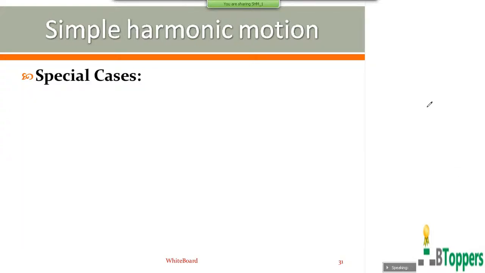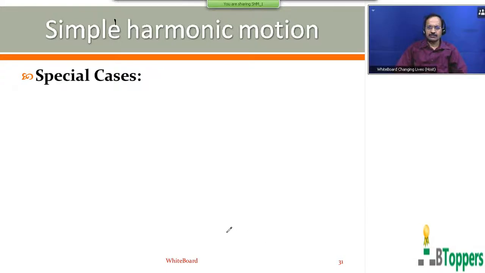So I consider the case where a block of mass m is resting on a horizontal surface of a platform which oscillates in the vertical direction. So I am going to discuss what's the special case. We call it case 1.